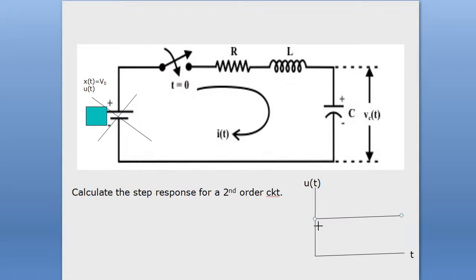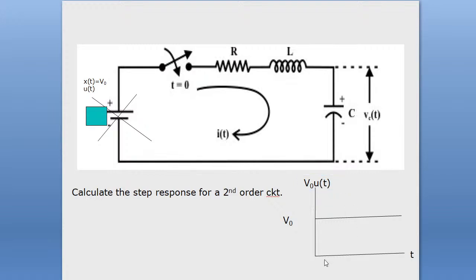This you know. But for this case, I have given V naught. That means this function is multiplied by a constant term V naught. So instead of 1, this will be V naught. Any doubt?